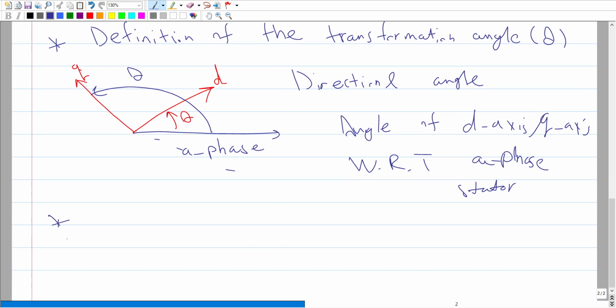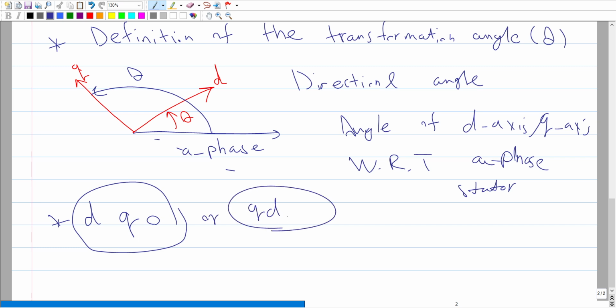Another point which can lead to different matrices for the transformation is that if you are bringing the elements in this manner, dq0, or qd0, or 0dq.